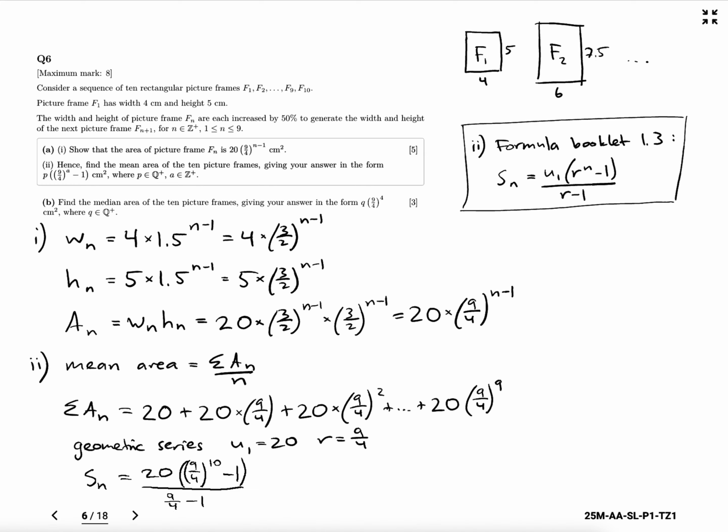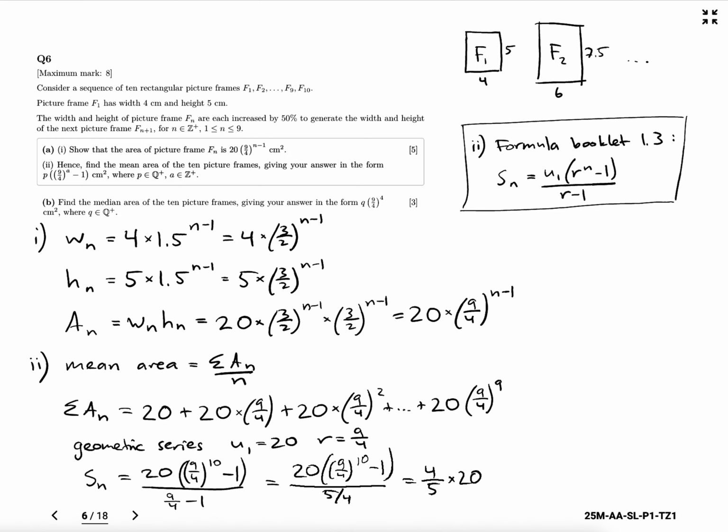Right, this looks a bit messy, so let's tidy it up a bit. For now we can keep the numerator as it is, 9 over 4 to the power of 10 minus 1, divided by 9 over 4 minus 1, which is 5 over 4. And that means that we can multiply by 4 over 5 in front instead.